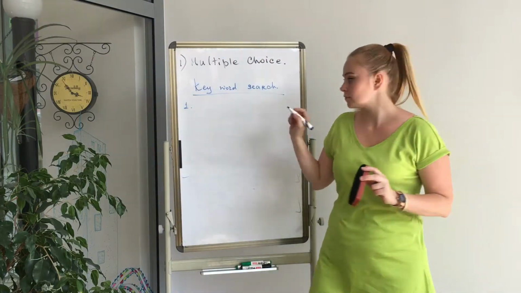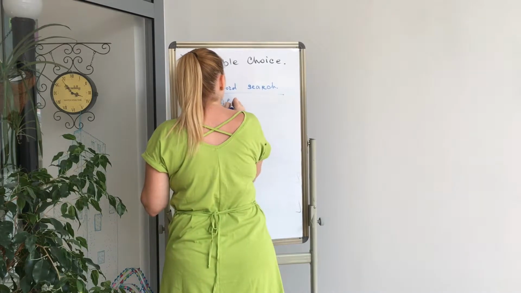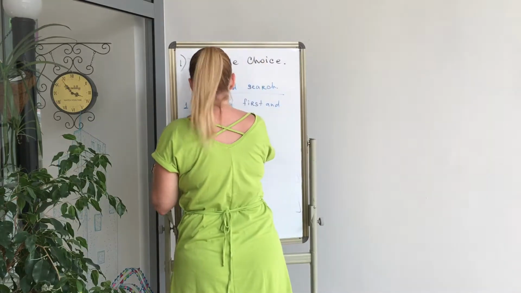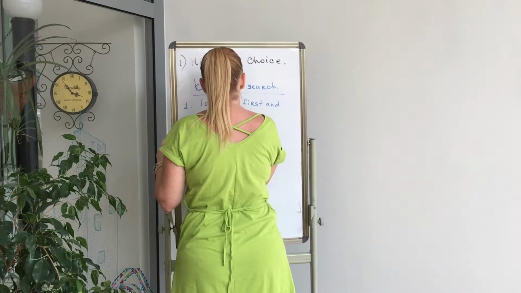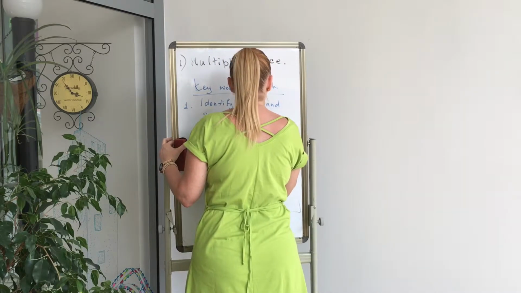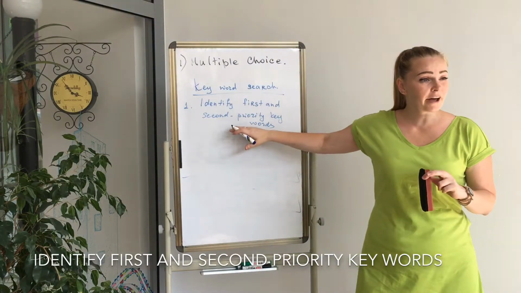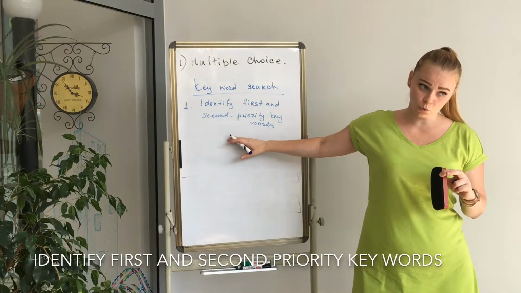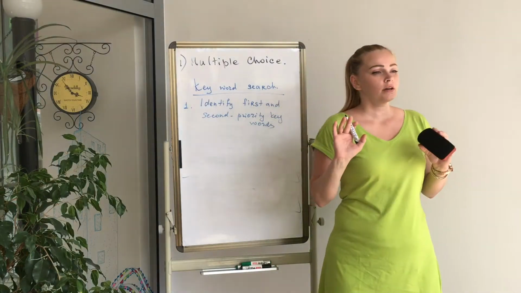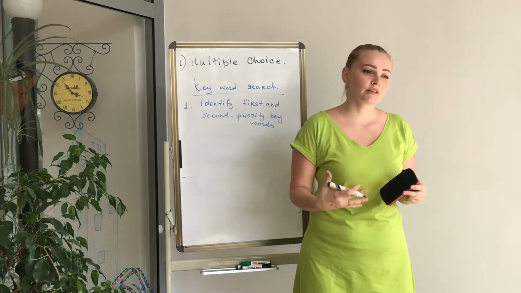First one, identify first and second priority keywords. First of all, first and second priority means the types, the parts of speech which they represent.